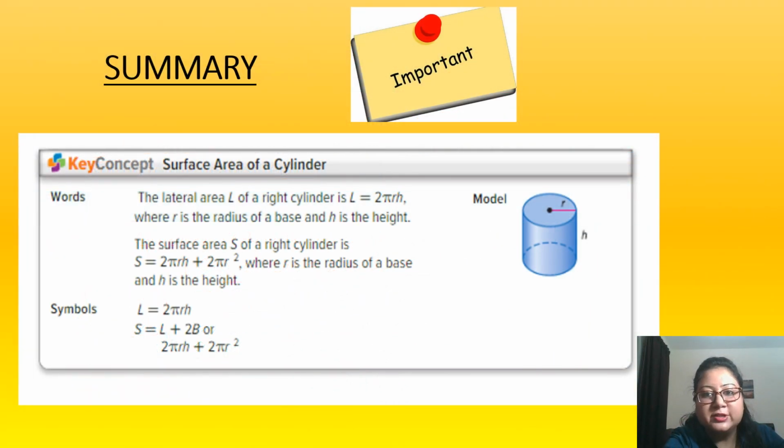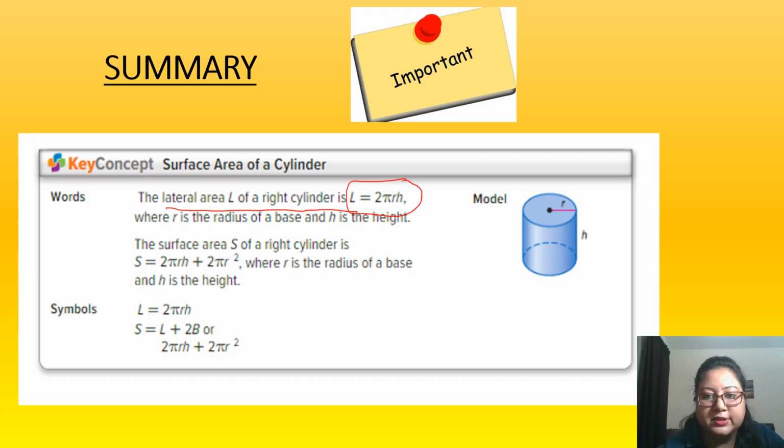Okay, so that brings us to the summary of today's lesson. So I will give you the key concepts now. There were two important concepts we did in today's session. One was the lateral surface area or the curved surface area of the right cylinder, and the second is the total surface area. So let's summarize the formulas.